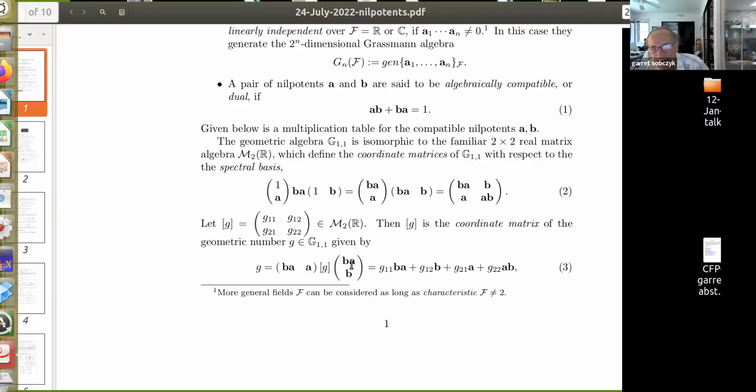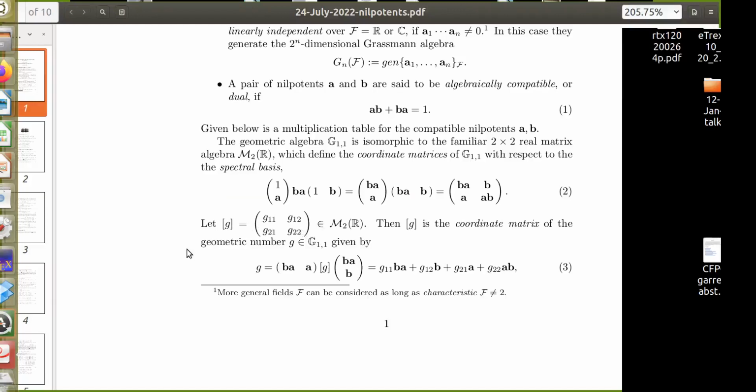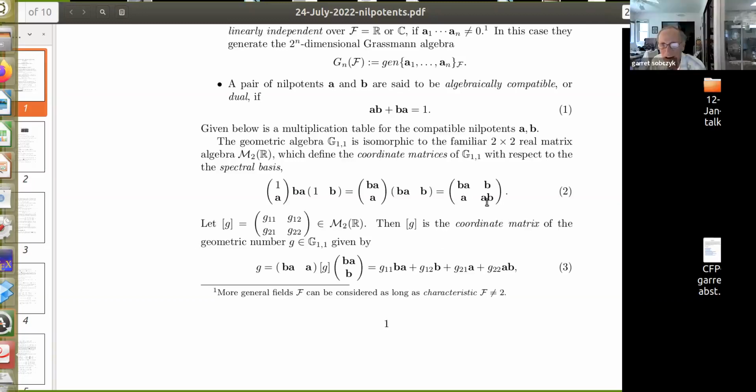So this spectral basis, the matrix of G, G11, G12, G21 are real numbers. But when I try to understand what you mean by spectral basis, I'm looking at the solution of a polynomial, and I'm looking for some minimal polynomial. Well, here I'm defining what I mean by a matrix.